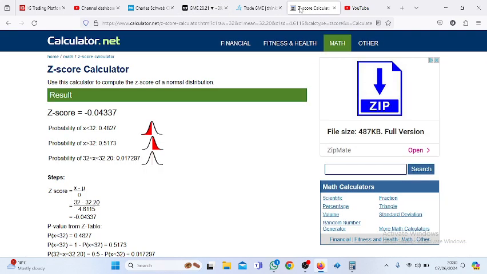Let's note this: the probability of $32 is 51.73, and the probability of it not getting there is 48.27.